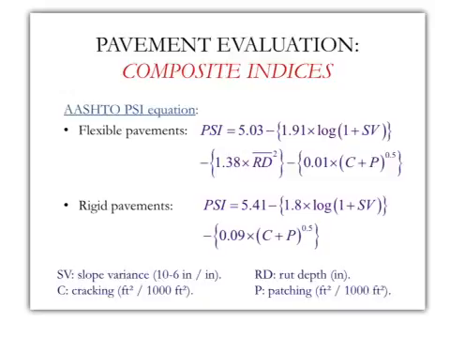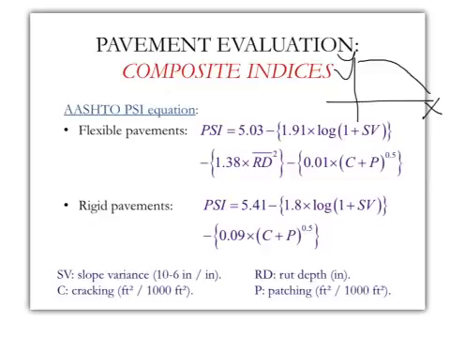Typically PSI would be similar to the PCI which we talked about before. The x-axis is the time, and the y-axis would be the performance of the pavement, the PSI, and the PSI would go down.